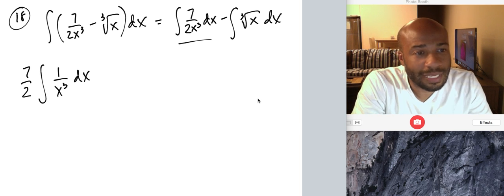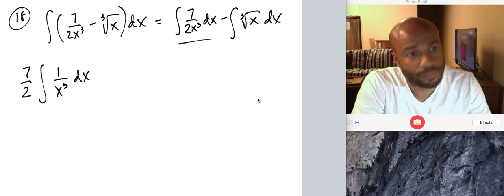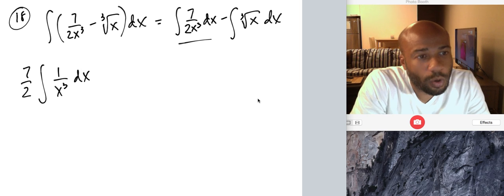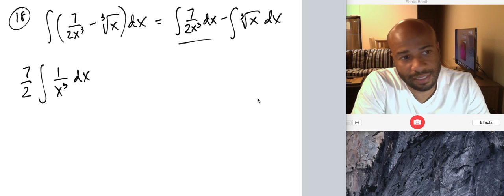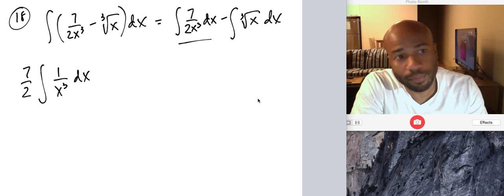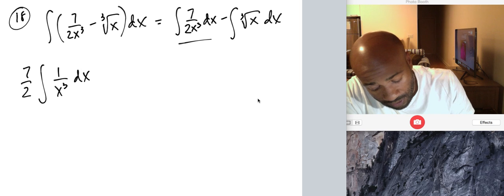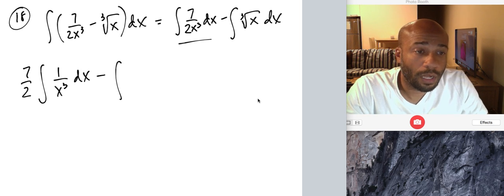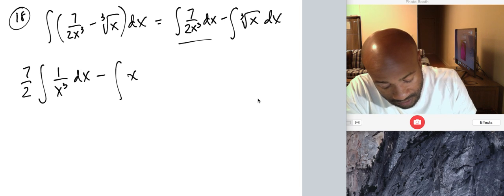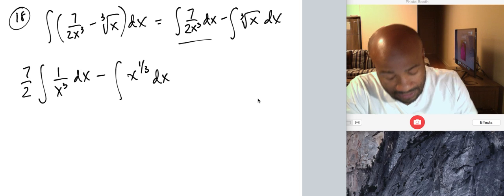That 3 is really the root, not the coefficient, right? So be sure to realize that it's the root, not the coefficient. So there's no 3 that I'm pulling out. But what I do want to do is express this cubed root as an actual fractional exponent. So that's going to be x to the 1/3 dx.